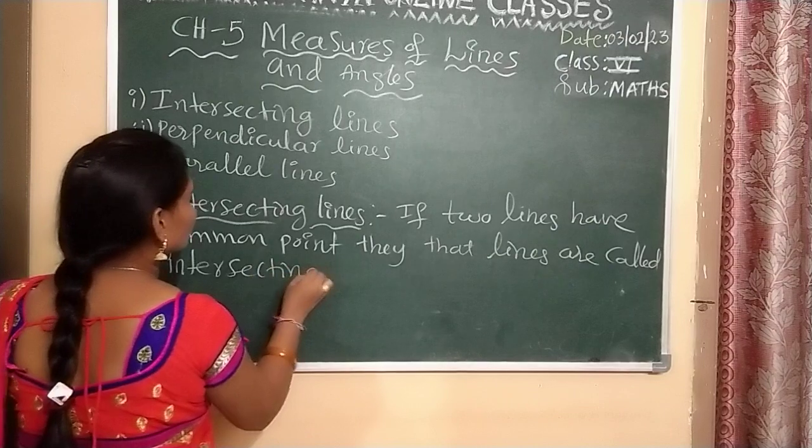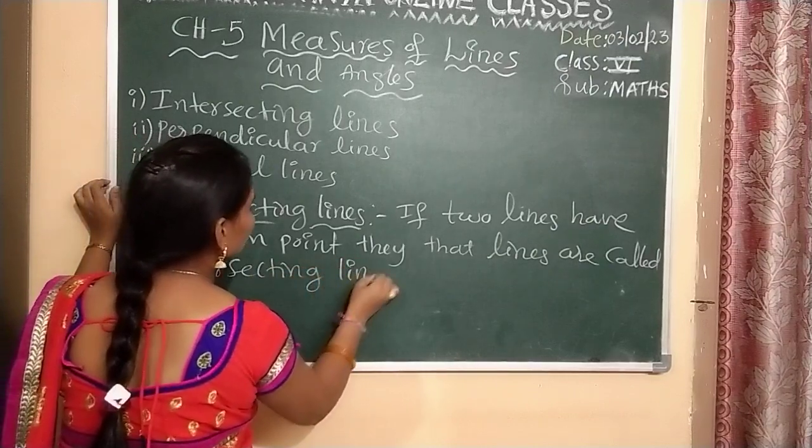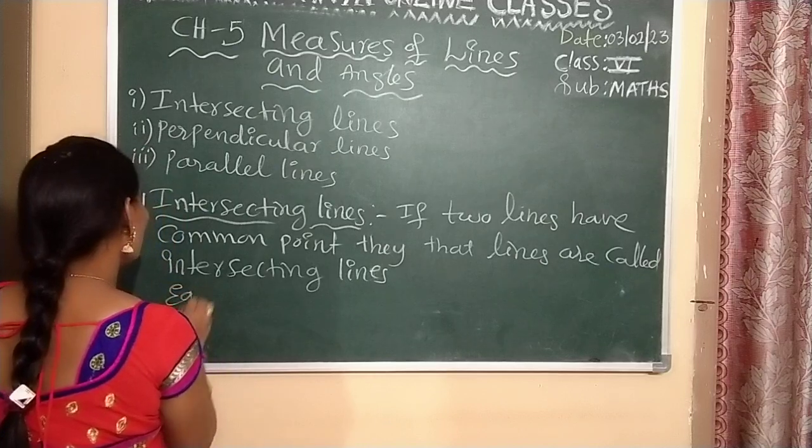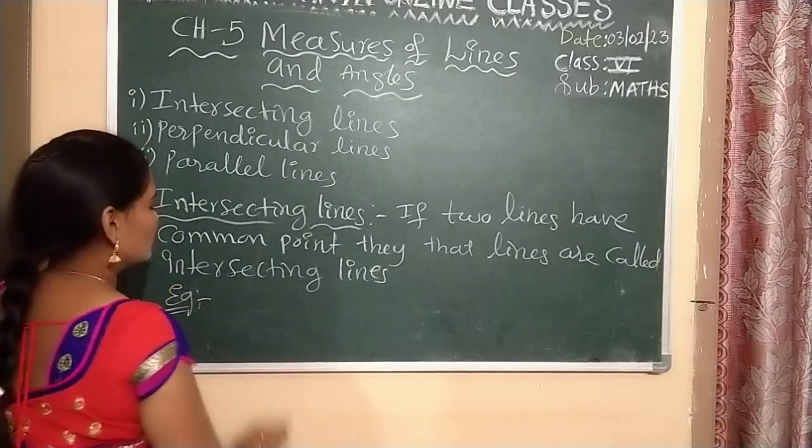Now, what are the examples of intersecting lines?